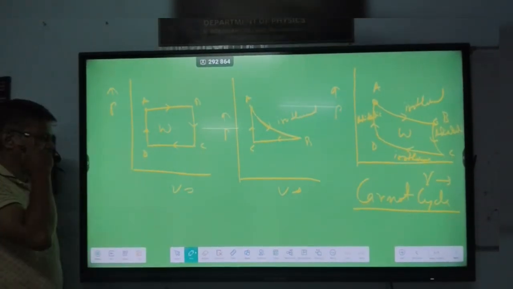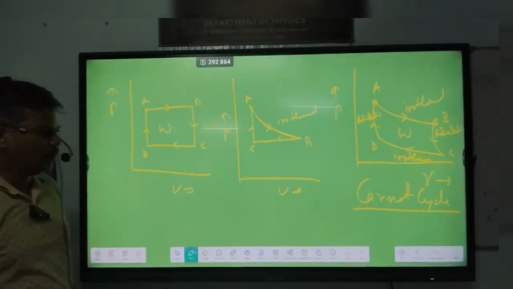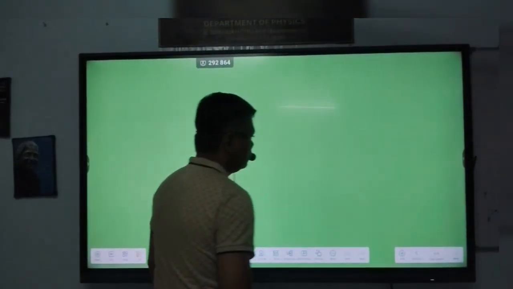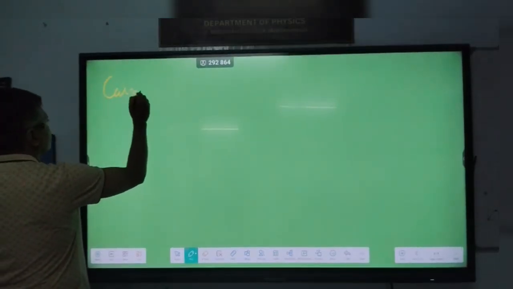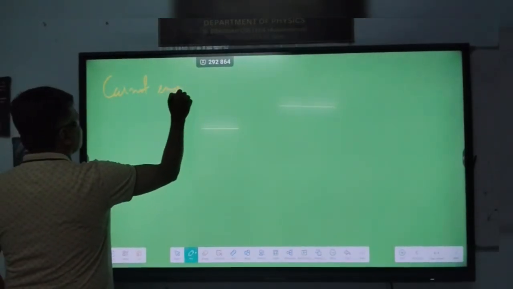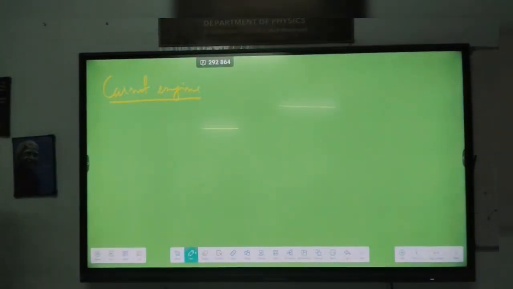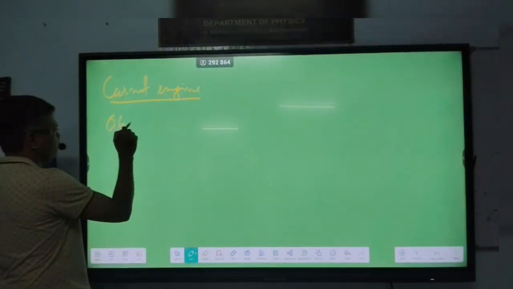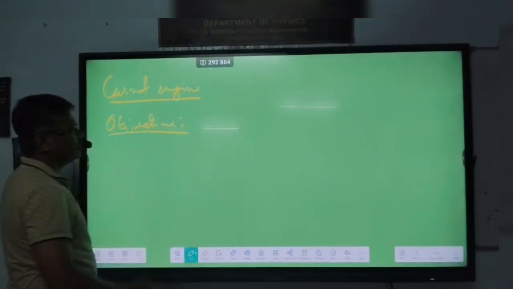To visualize this Carnot cycle, we have to draw a schematic diagram to visualize the Carnot engine. Now the basic objective, actually, what is the objective of the Carnot engine?